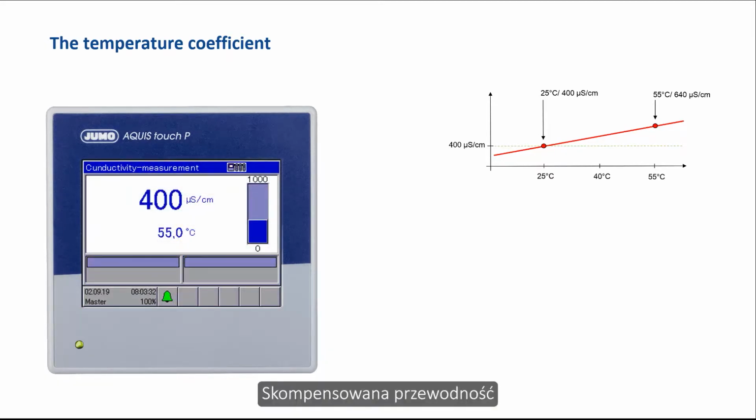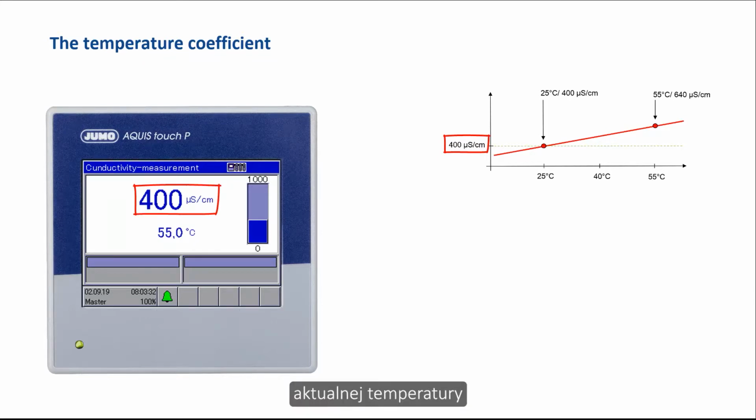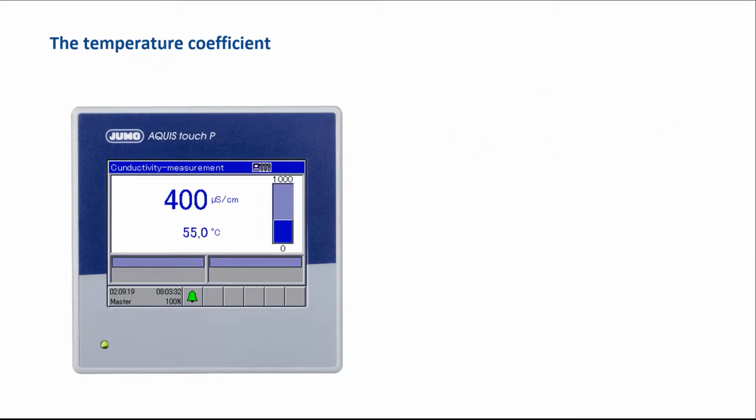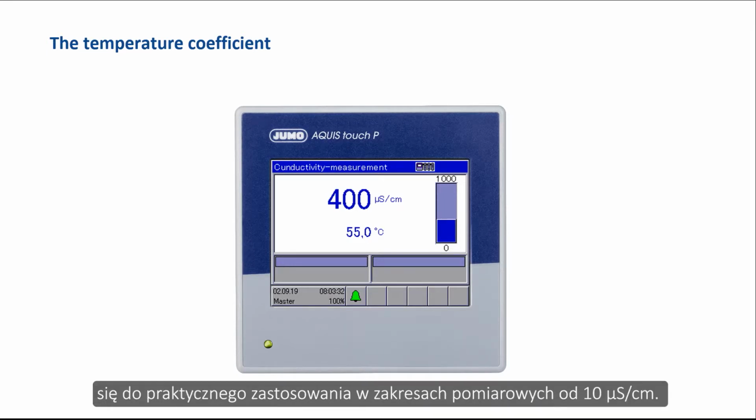The compensated conductivity is now determined from the uncompensated conductivity, the current temperature, and the entered temperature coefficient. The linear temperature compensation used is suitable for practical use in measuring ranges from 10 microsiemens per centimeter.